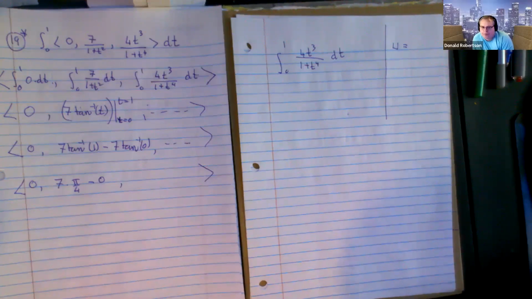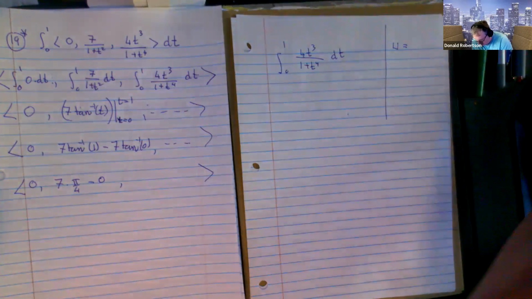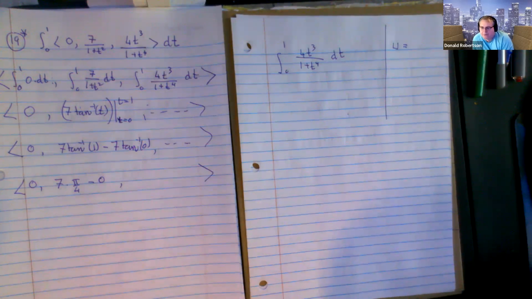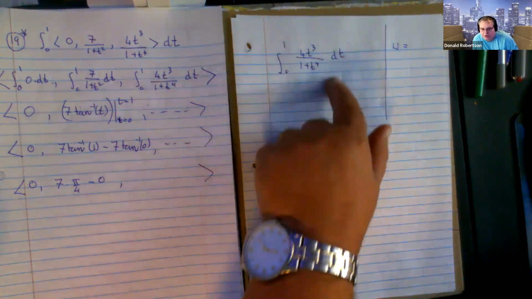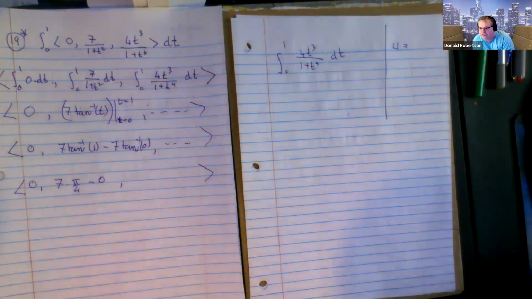So who's the u going to be in this question? Again, typically u subs are in the question, right? It's not something you can't see. It's one of the things you can see.